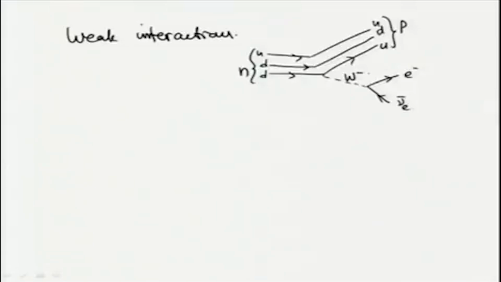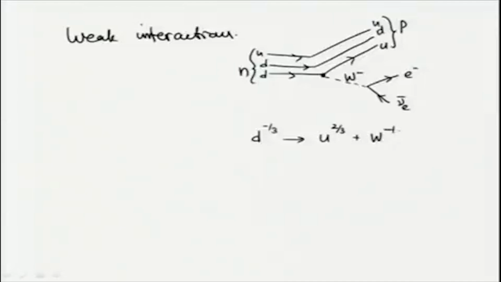So, W is a particle which is the quantized form of the weak field and we call this W. This needs to have a charge because electric charge is changed when you convert a d quark to a u quark. So, to start with, d quark has minus 1 by 3 electric charge, is converted at this first vertex into a u quark with 2 by 3 electric charge plus a W boson with minus 1 electric charge.